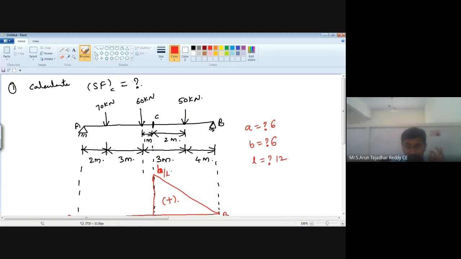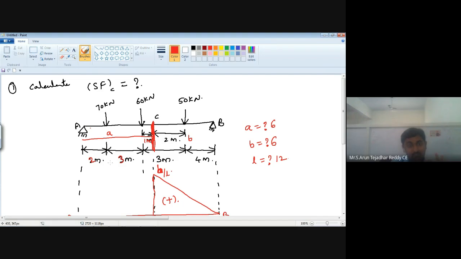Why A is equal to 6 means, see here, this is our point. Up to here, mark one point like this. Now A to C, this entirely left portion is A. Now C to B, entirely it is right portion, that is B. From A to C, what are the spans acting here? That is 2 meter, 3 meter and here we have 1 meter.